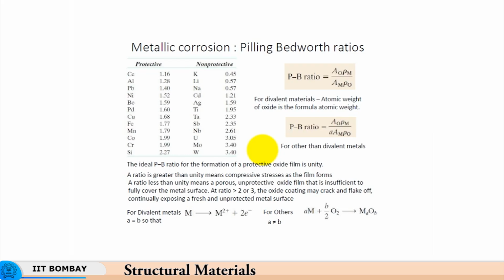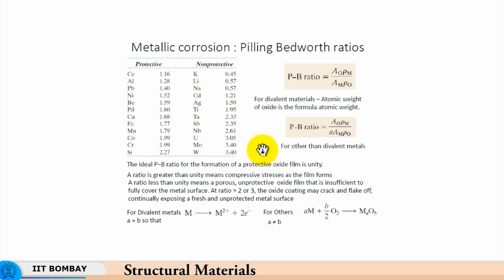So, materials with a very high Pilling-Bedworth ratio will result in non-protective films. If you look at the Pilling-Bedworth ratios for the protective films, they are very close to 1. So, cerium is 1.16, 1.28, 1.4. So, we were talking about copper.